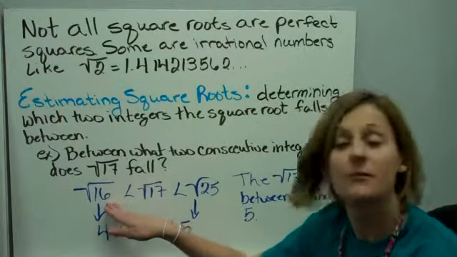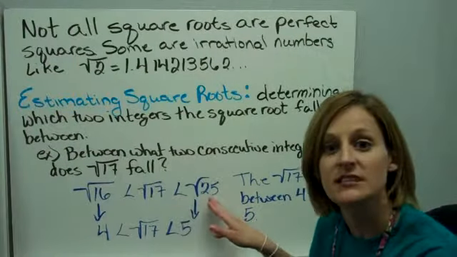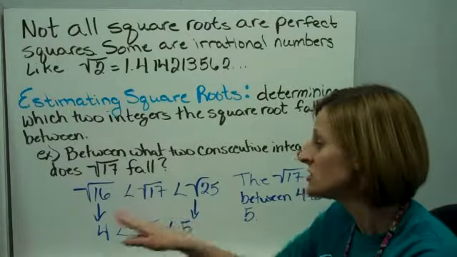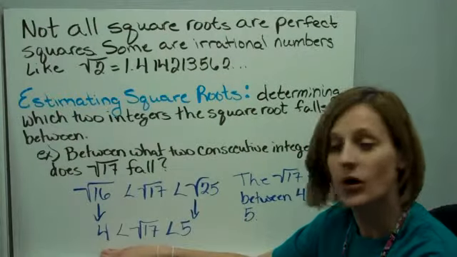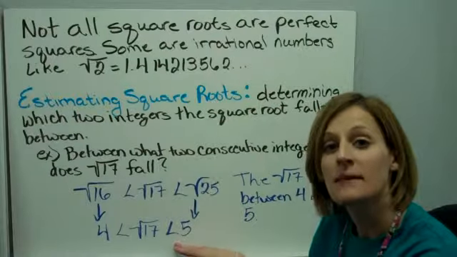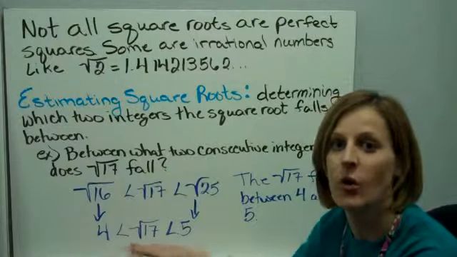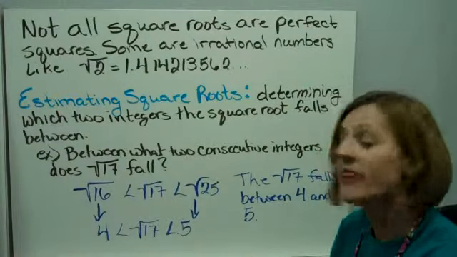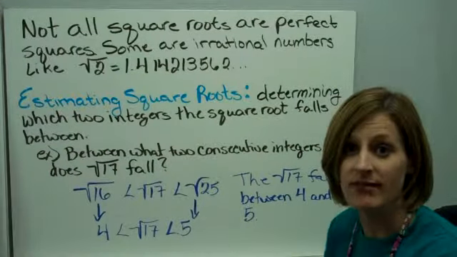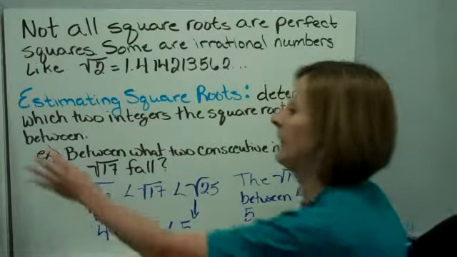Now, 16 is a perfect square, and the next one after 17 is 25. So the square root of 16 is 4, and the square root of 25 is 5. That means the square root of 17 must be somewhere between 4 and 5. And that's your answer.